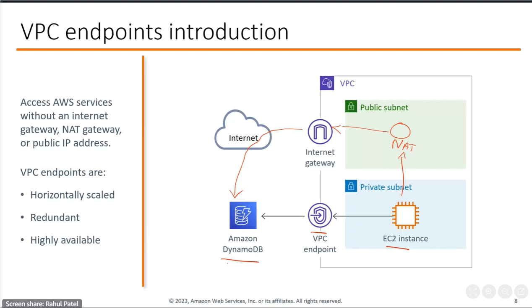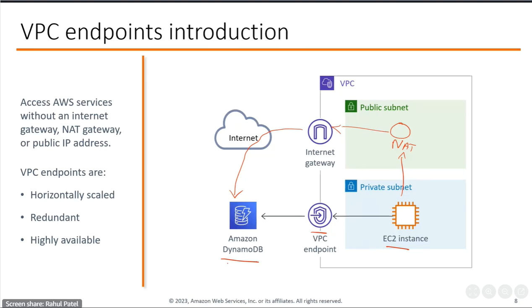But if we are using a VPC endpoint, the traffic will not go over the public internet. So VPC endpoints allow us to access services that are outside of the VPC without the traffic going over the public internet. And these VPC endpoints are horizontally scaled.